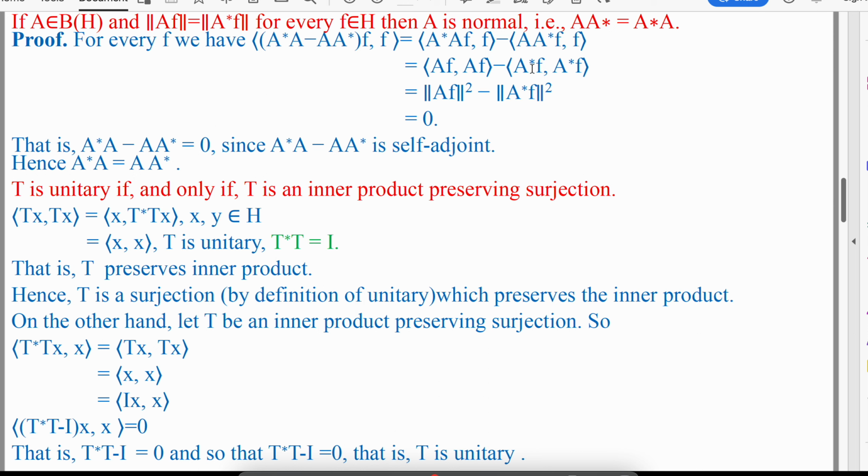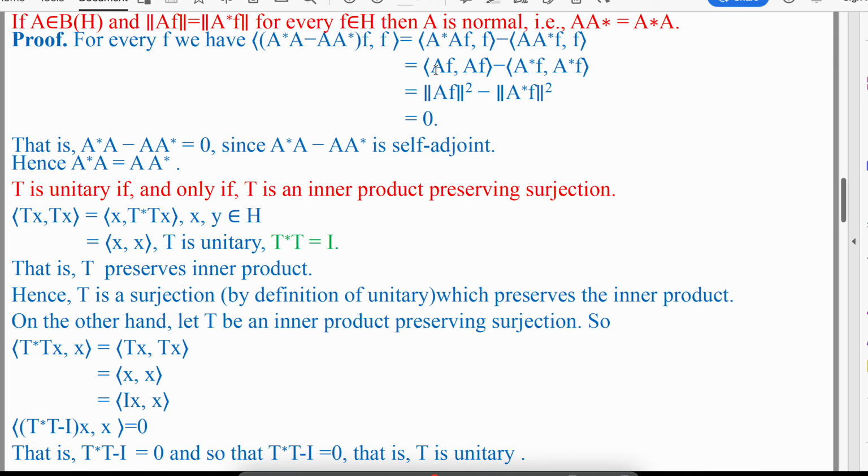Similarly here, A A star F with F, this inner product will be equal to inner product of A star F with A star F, because A is given to be a bounded Hilbert adjoint operator.